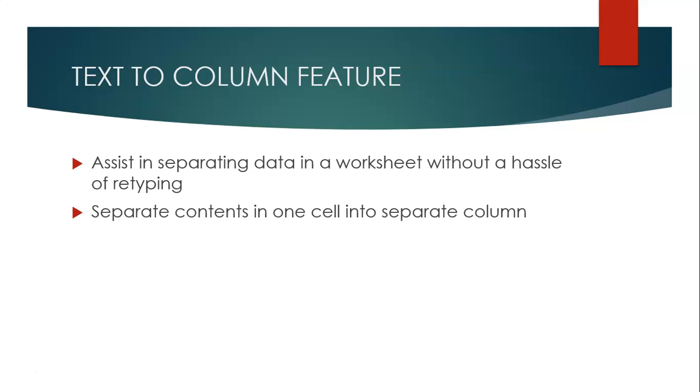So we can use the text to column feature to separate the contents into separate columns. It's very important because it reduces the necessity of retyping the data, so it can preserve the accuracy of the data itself, because humans are prone to making errors. If you retype the data, there is a possibility that errors will occur.